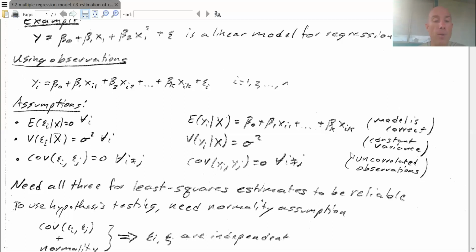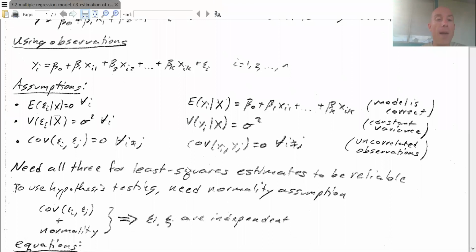All right, the next thing that we'd like to tack on is that the random term is normally distributed with mean 0 and variance sigma squared. Remember, if I have covariance equal to 0 and normality, that also gives me independence. That's very good. Now, why do we want this normality assumption tacked on there?